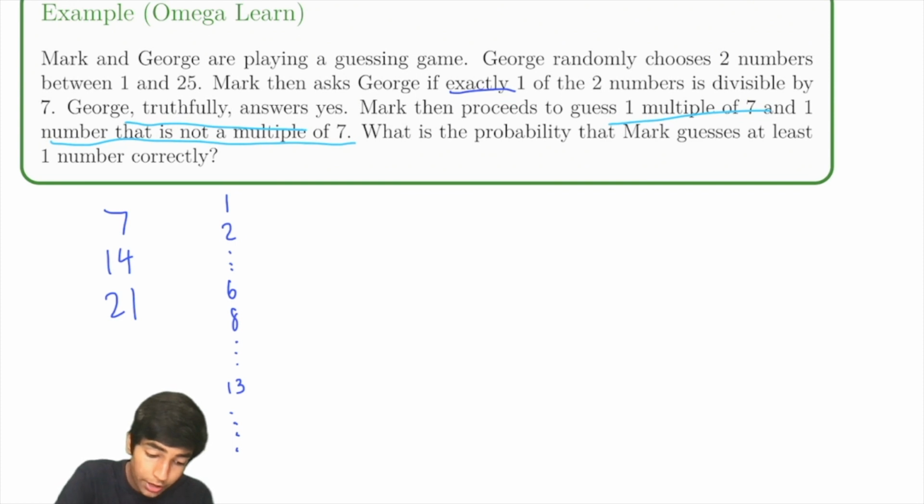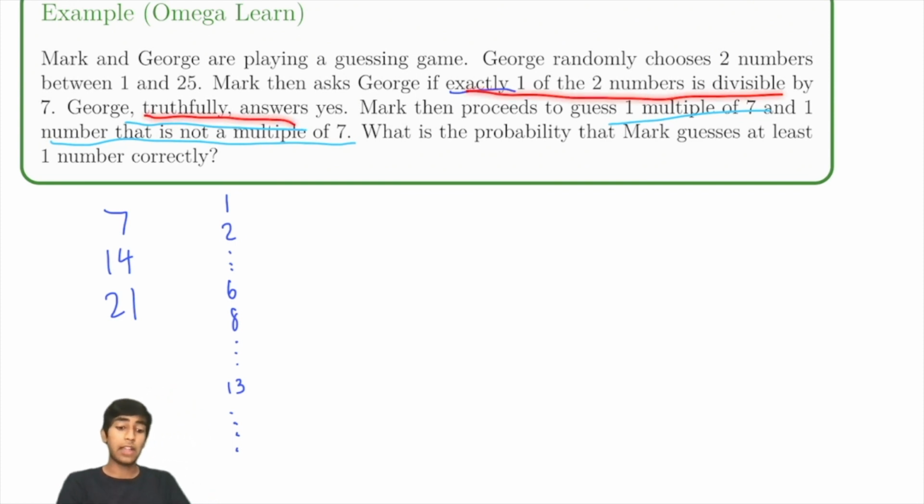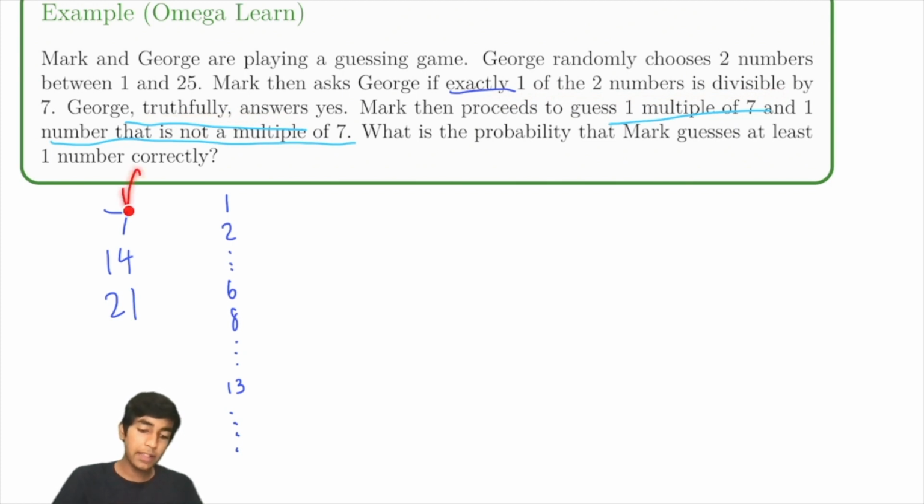Essentially, because George says that exactly one of his two numbers is divisible by 7, one of them must be divisible by 7, and one of them must not be divisible by 7. So Mark is going to guess a number that's divisible by 7 and a number that's not a multiple of 7. What's the probability Mark guesses at least one number correctly? At least, not exactly, at least.